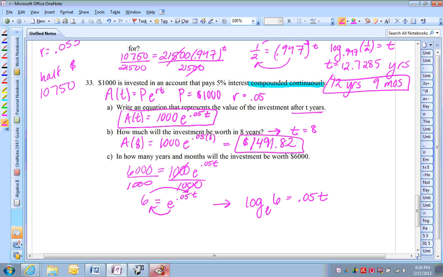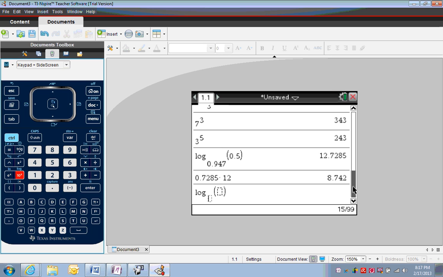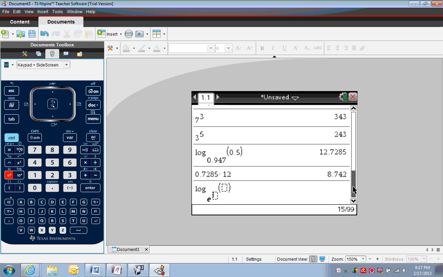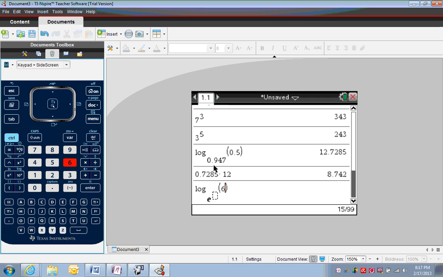So when I go to my calculator and type in log base e of 6, and remember, e is not a variable, e is a number.